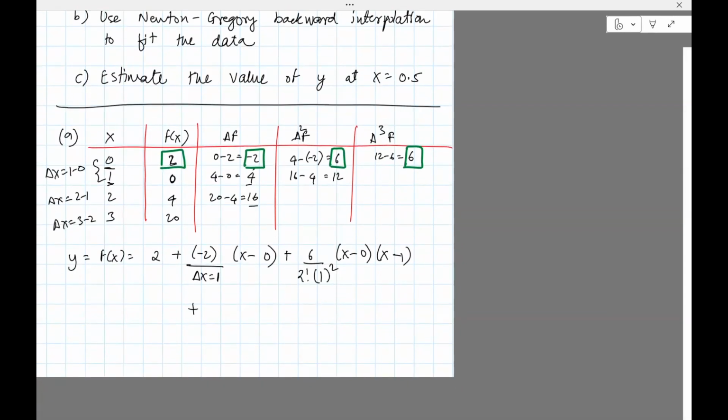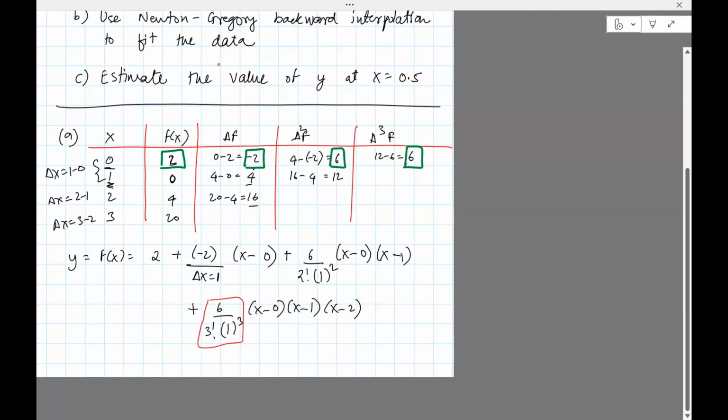Then we have 6 divided by 3 factorial, 1 cube, x minus x0, x minus x1, x minus x2.